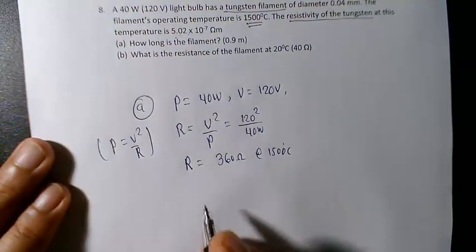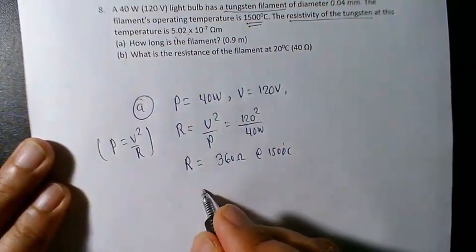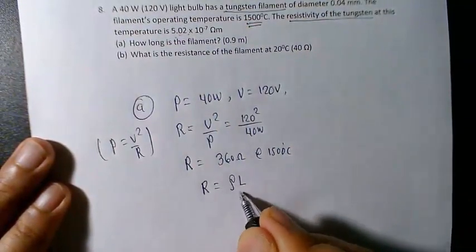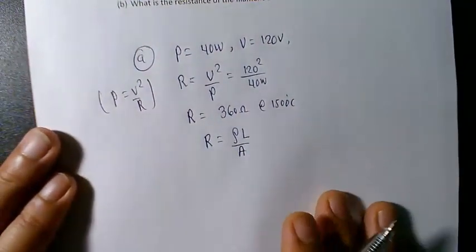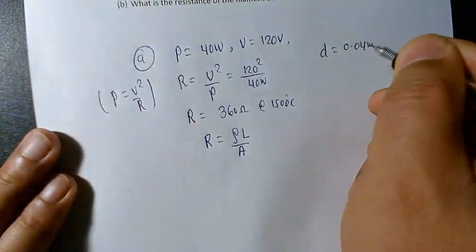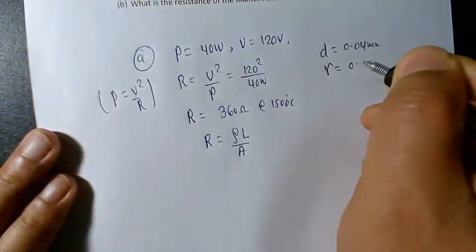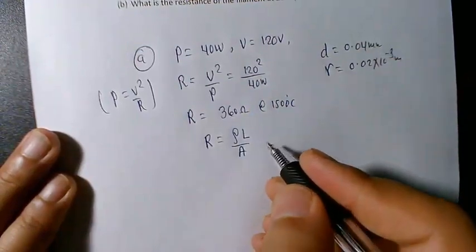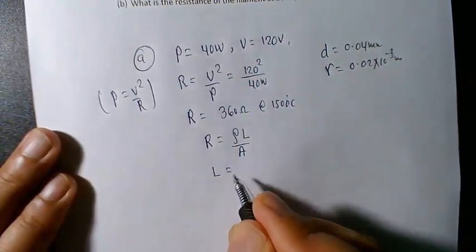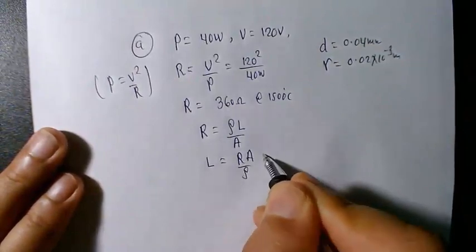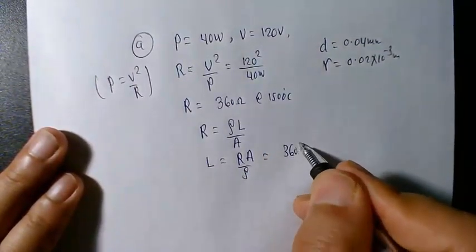So how long is the filament? Then we use our regular formula, rho L over A, right? The diameter is 0.04 millimeter, so the radius is 0.02 millimeter. Since it's asking how long the wire is, you can calculate RA over rho. R is 360 ohms, as we calculated.